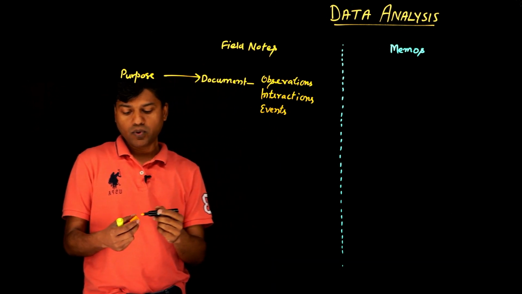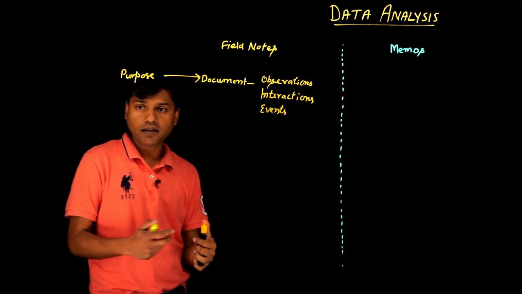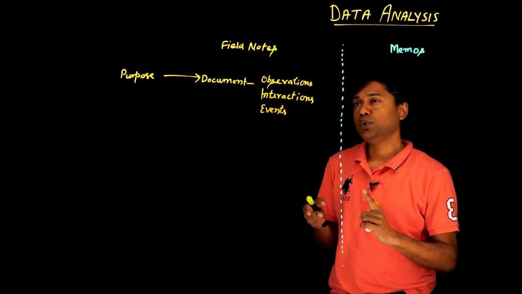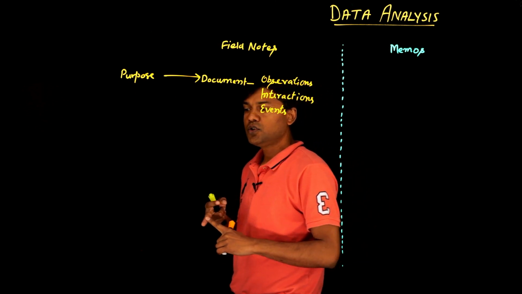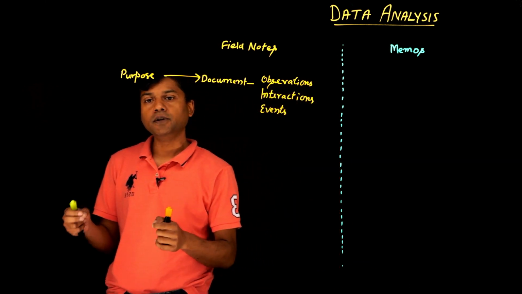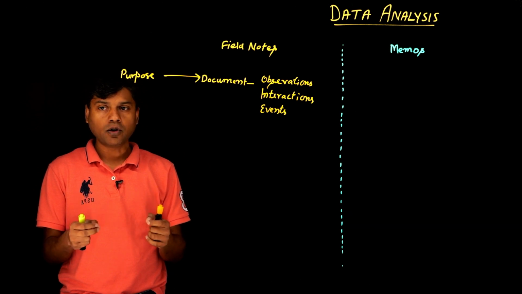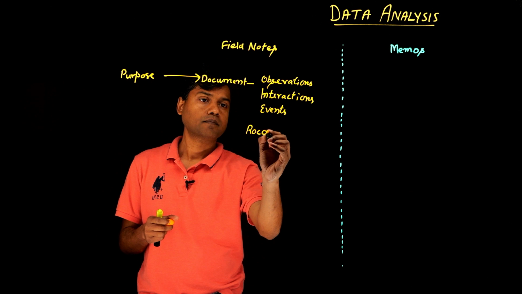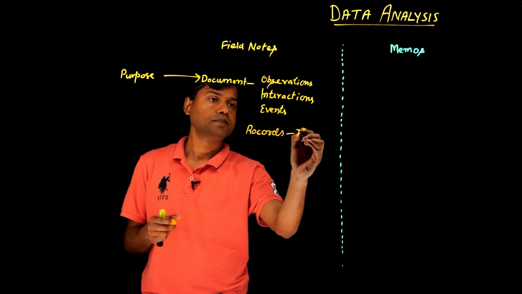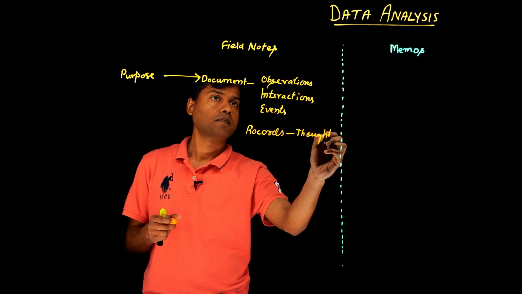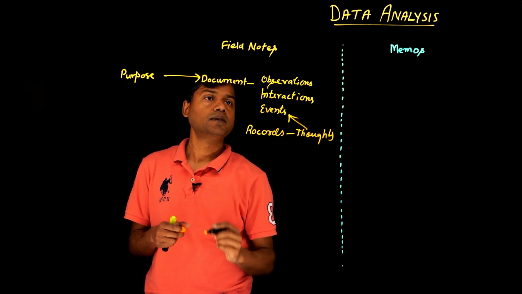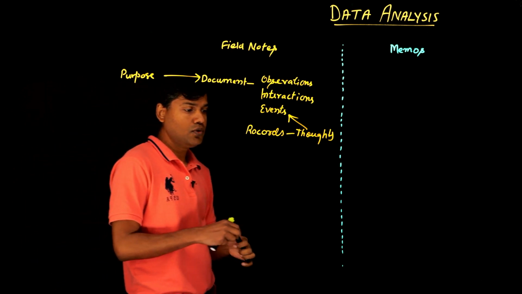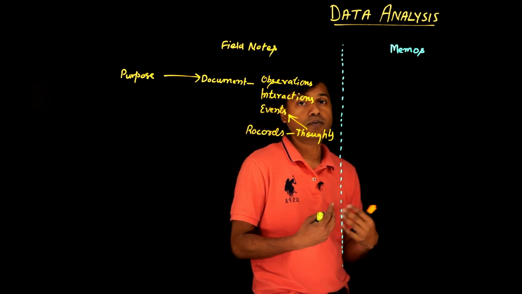As a researcher, when I start collecting data, I'm doing participant observation, let's say, or maybe interviews. What I do in a field note is record my thoughts and my observations related to what I see in the field.